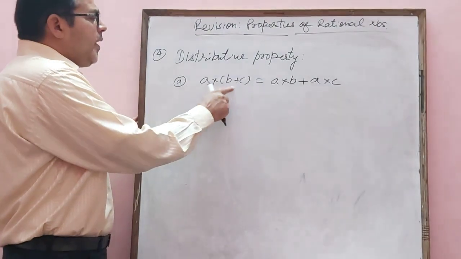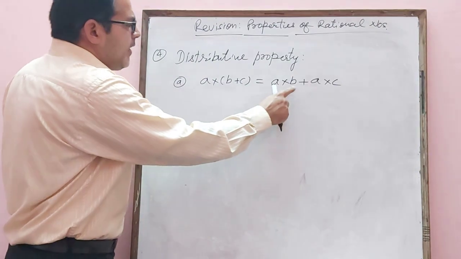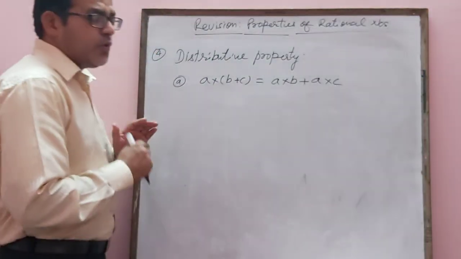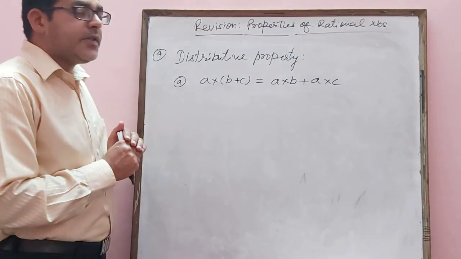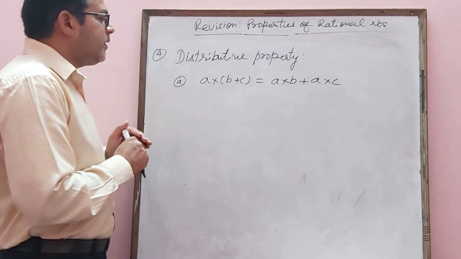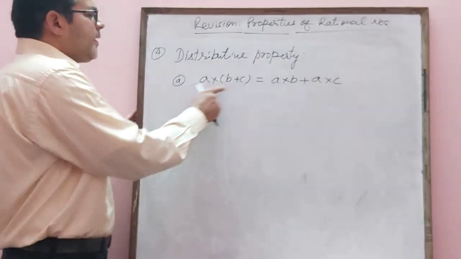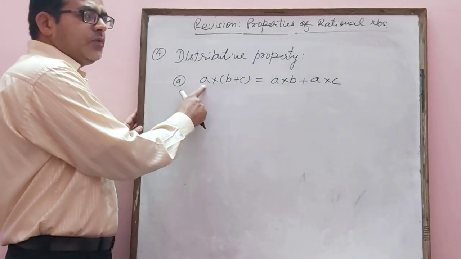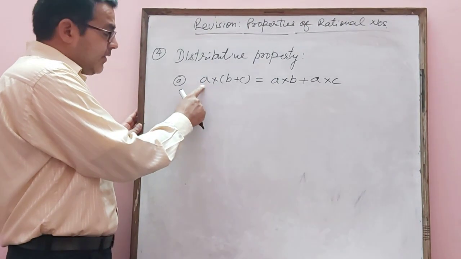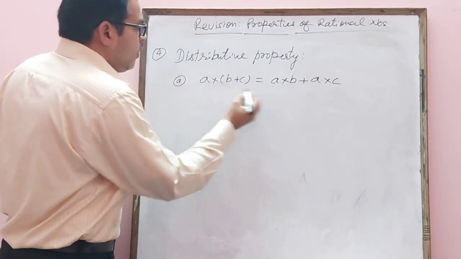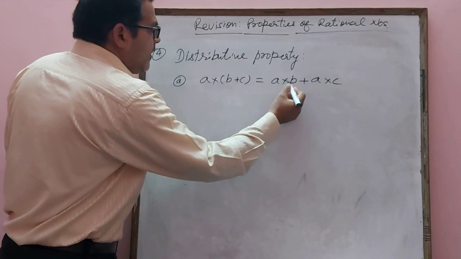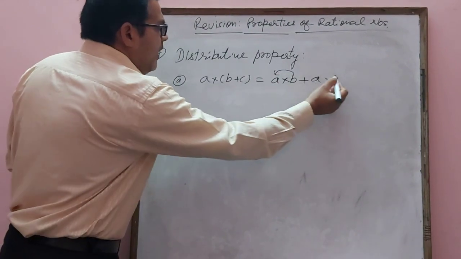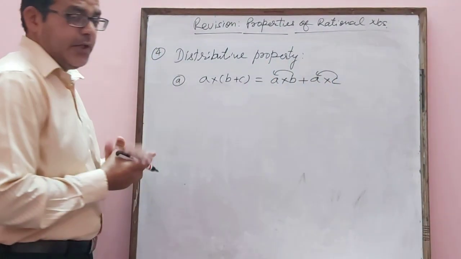A into (B plus C), we can write as A into B plus A into C. This is called distributive because you can see on the left hand side, A is single, only one A is there, and on the right hand side we have distributed this A with B and with C also.